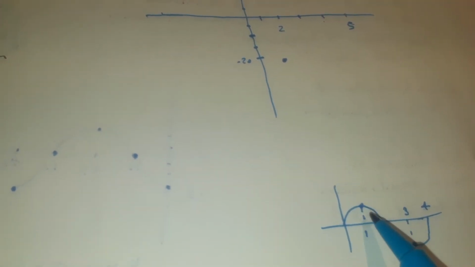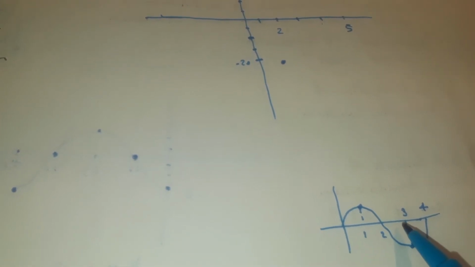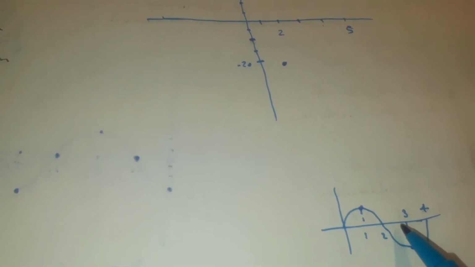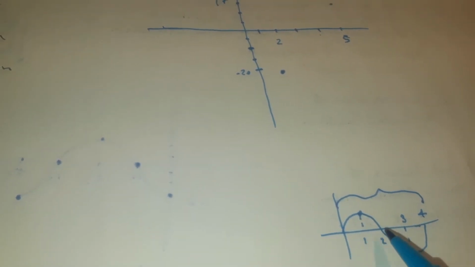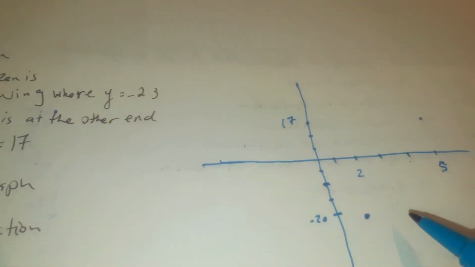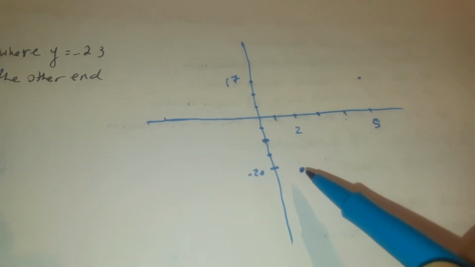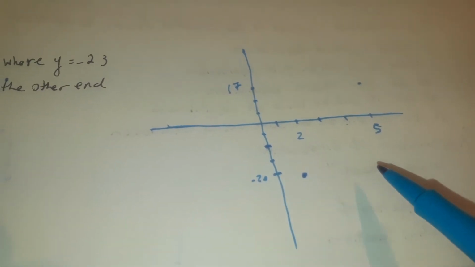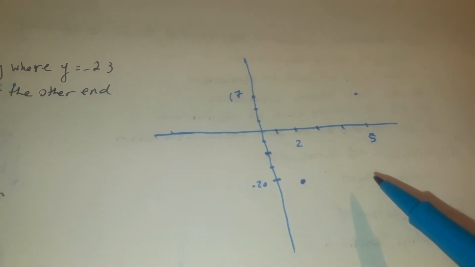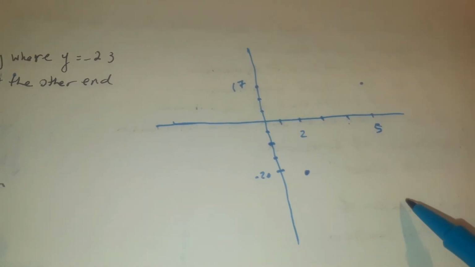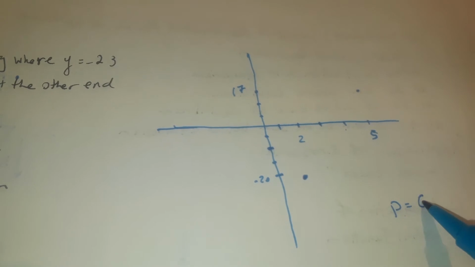So from maximum to minimum is 2, right? Maximum to minimum is going to be half of the full period. That's why here, if the distance between the maximum to minimum is 3, the full period is going to be 6. So period here is going to be 6.